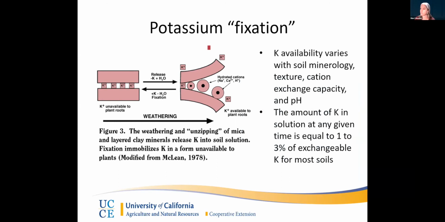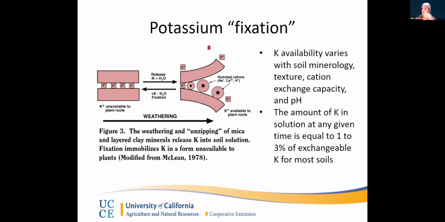If it's more sandy, it tends to have a lower cation exchange capacity, fewer sites for binding potassium, as opposed to a finer textured clay soil, which is going to have generally higher cation exchange capacity. pH is going to play a role in both scenarios.